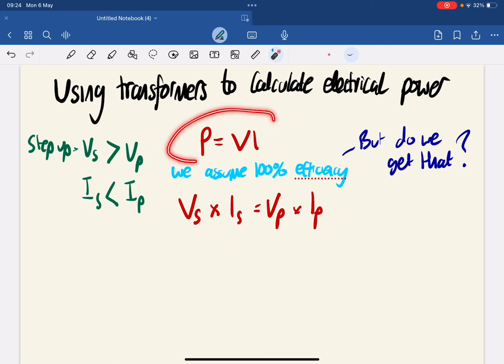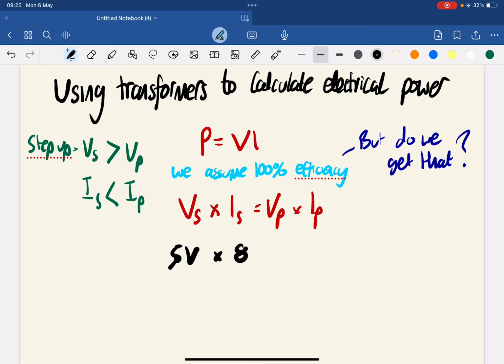Now we should know from previous bits of electricity that power is equal to potential difference times current. So when we look at our transformers, our secondary and our primary, V times I should be the same, should be the constant for both of them. So let's say in our secondary coil we had 5 volts and 8 amps.